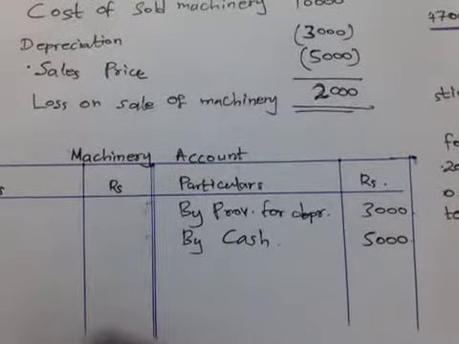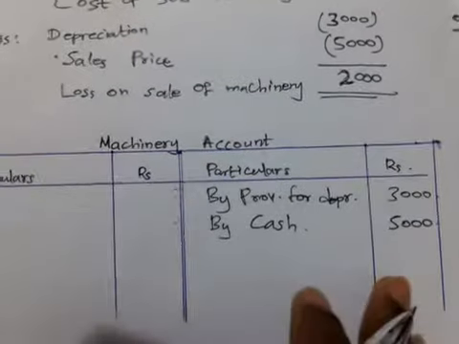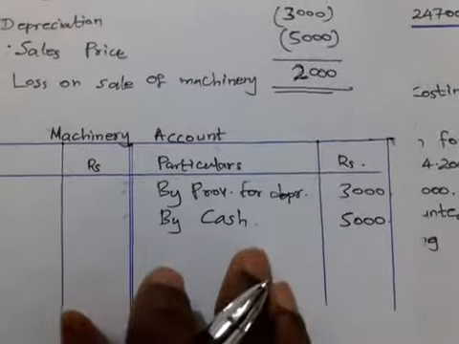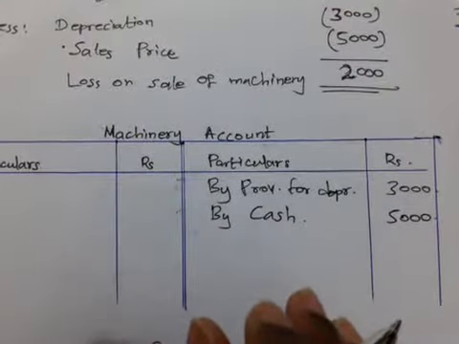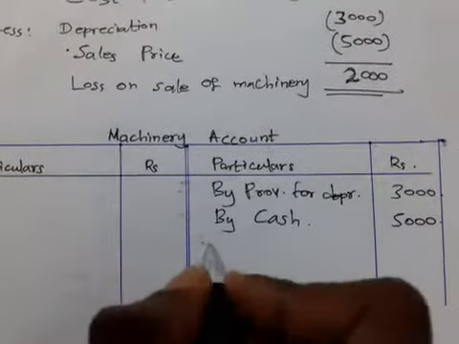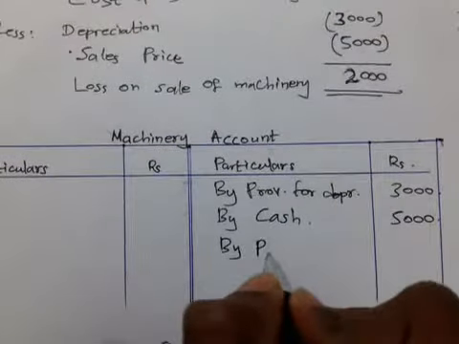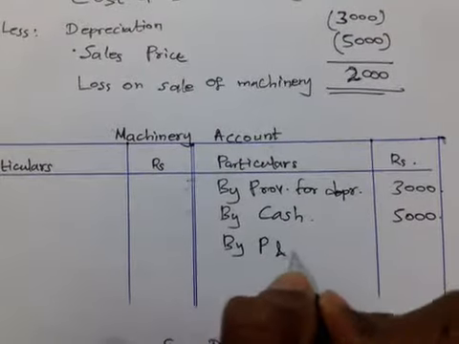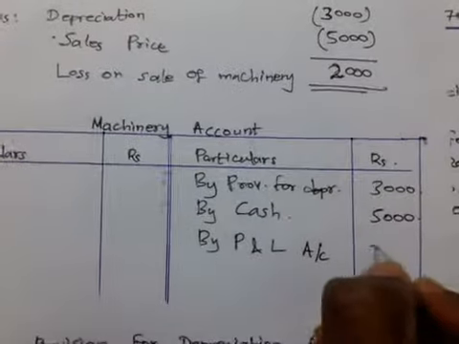And the loss on sale of machinery is 2,000. So we have to record the 2,000 also from the sale of machinery. The company has met a loss, by P&L account, profit and loss account, 2,000.